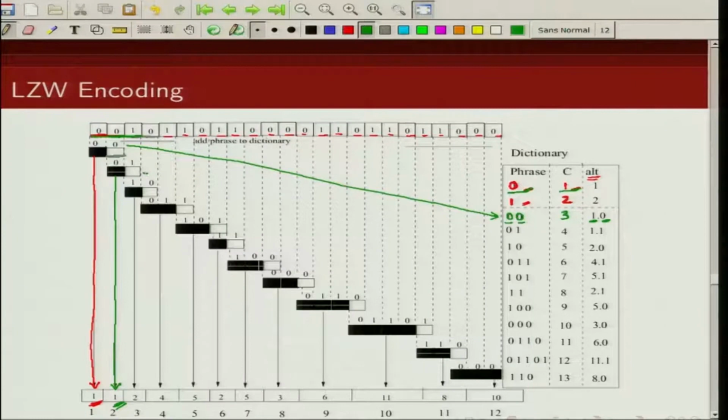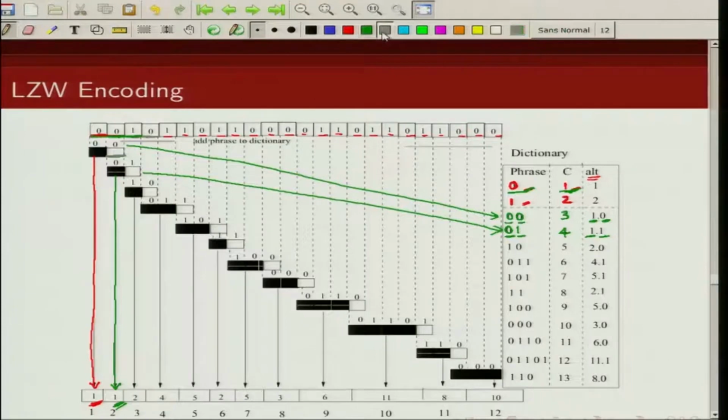So we have to put 0 1 in the dictionary, that's my code word 4. Now 0 1 can be written as the code word corresponding to 0 concatenated with an innovation symbol, which is 1. Phrase 0 corresponds to code word 1. So this can be written as code word 1 concatenated with a new innovation symbol 1.